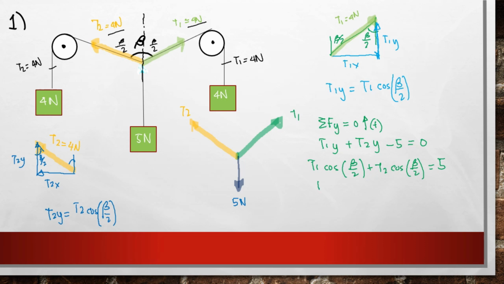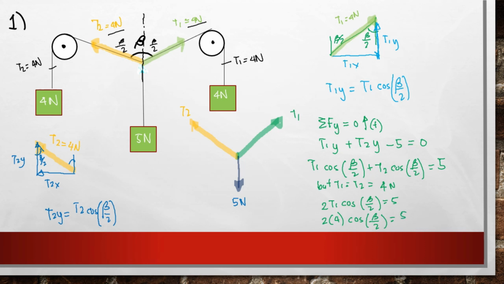But T1 is equal to T2. Tama po ba? T1 is equal to T2, and that is equal to actually 4 newtons. Therefore, we can say 2T1 cosine beta over 2 is equal to 5. So 2 times 4 cosine beta over 2 is equal to 5.